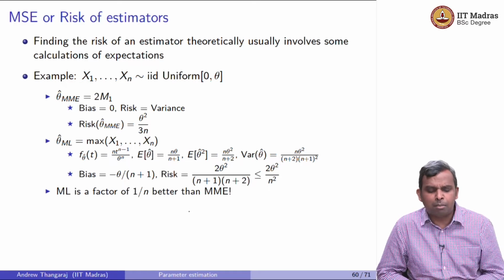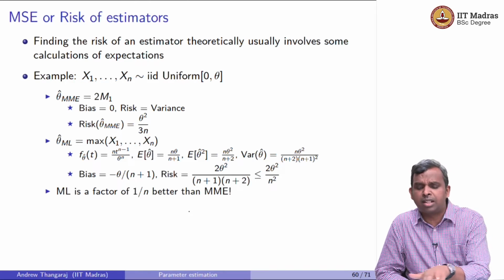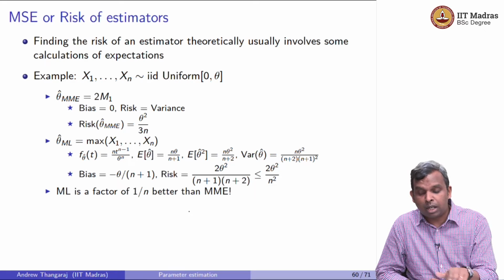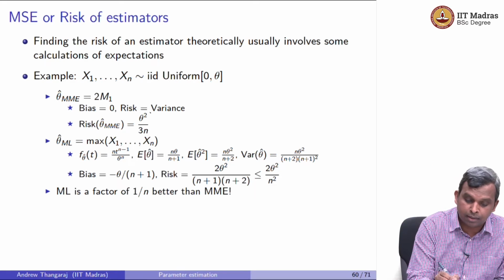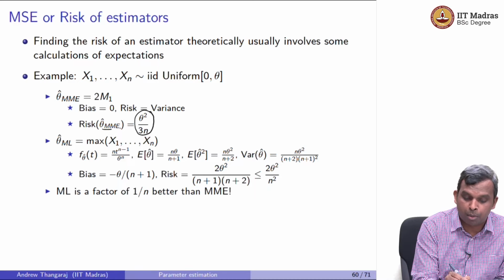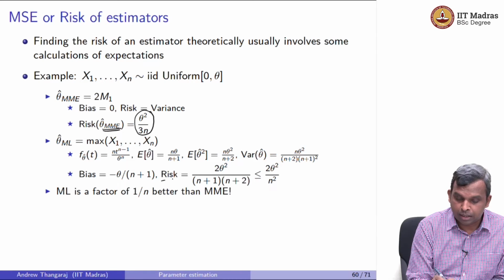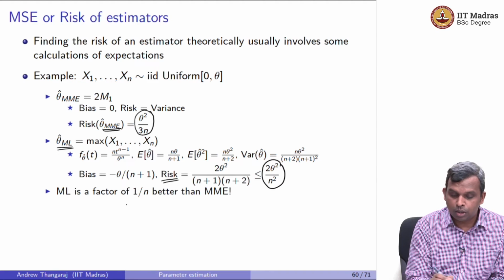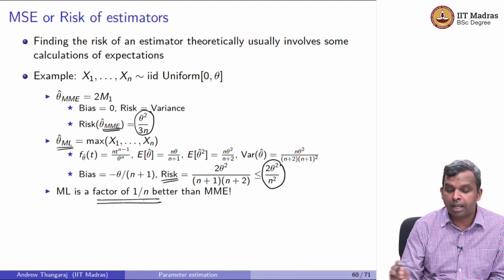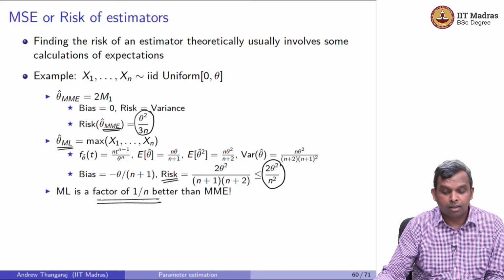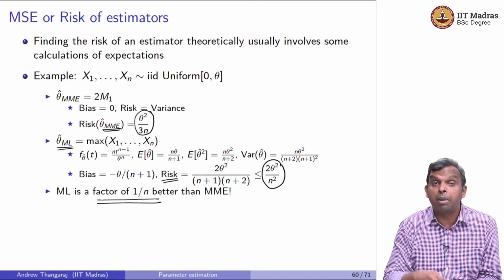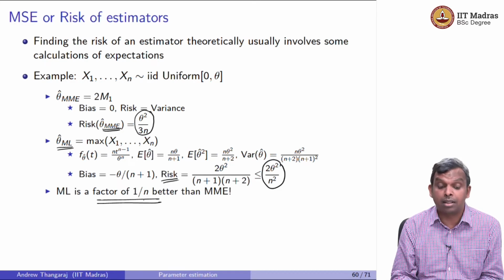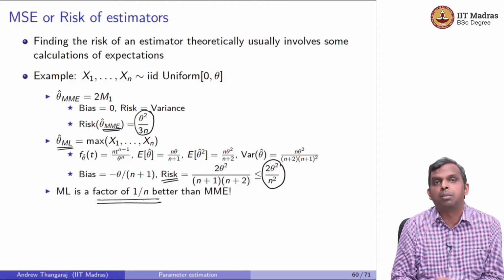Now the second one, max of x1 to xn, the calculation is a little bit more involved. But look at the risk that you got for the MME and look at the risk that I am getting for the ML. Notice the huge factor of 1 by n. So the ML estimator is 1 by n better in mean square error than the MME estimator.